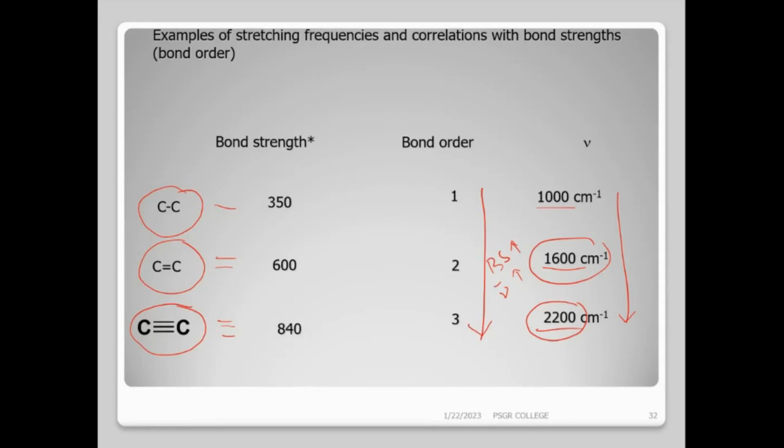Triple bond, which functional groups have triple bonds? Cyano, C triple bond N, near 2200. Do I need to memorize it? No. Double bond is in the 1600 range, triple bond in the 2200 range. Very simple. Okay, so this is the first thing.